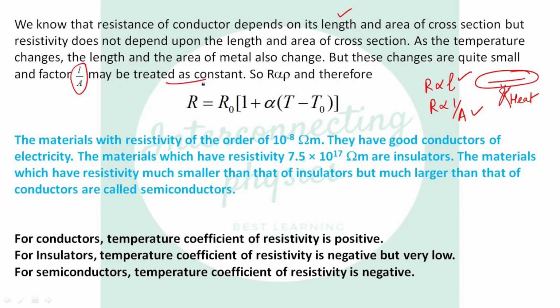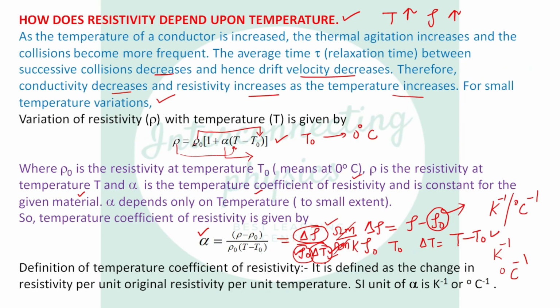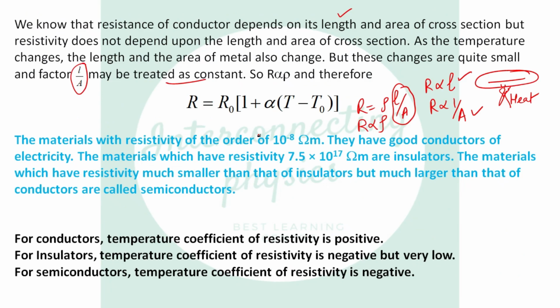So R is rho L over A, and if this is constant, then R is directly proportional to rho. So this equation rho equals rho naught (1 plus alpha (T minus T naught)) can be written for resistance, that is R equals R naught (1 plus alpha (T minus T naught)).